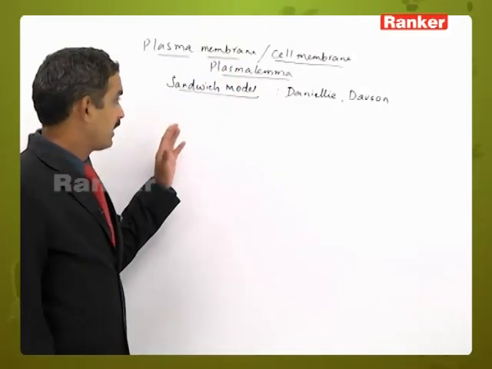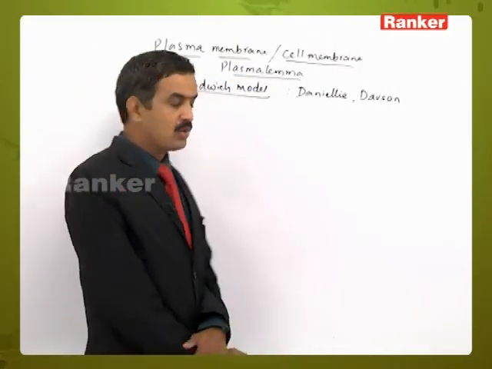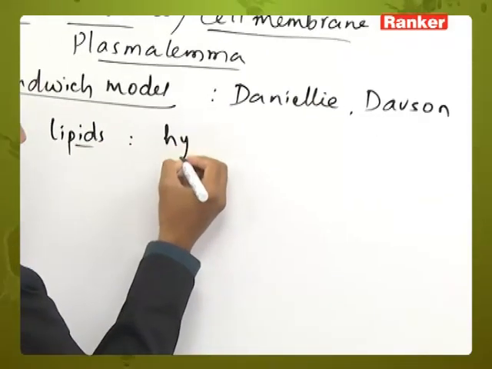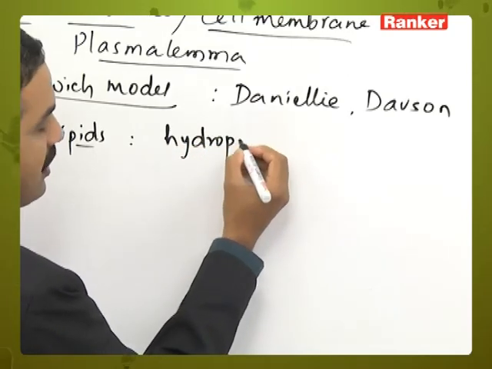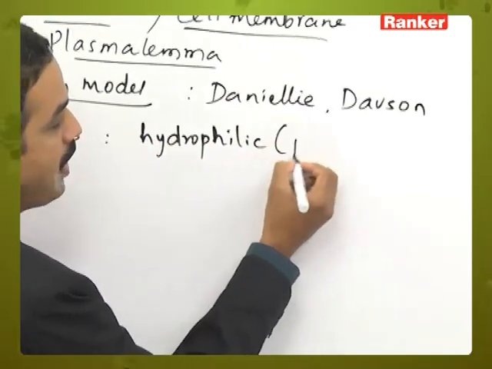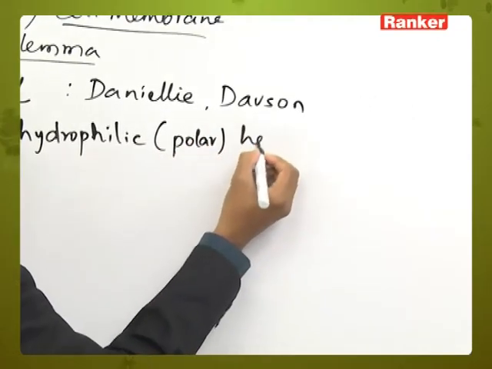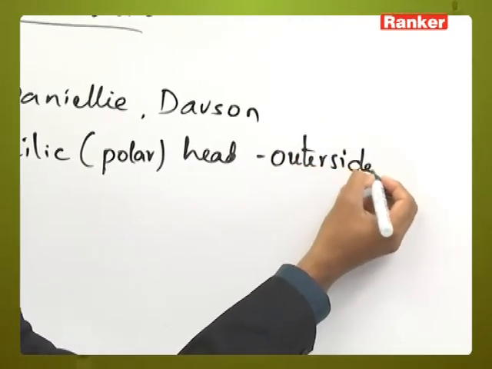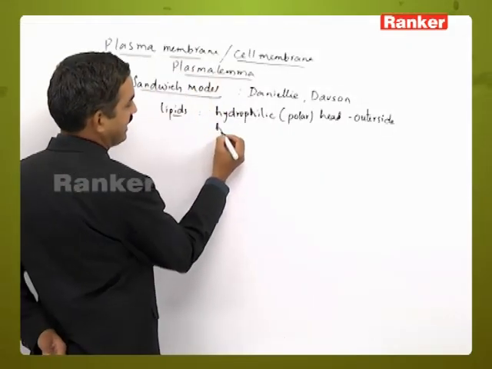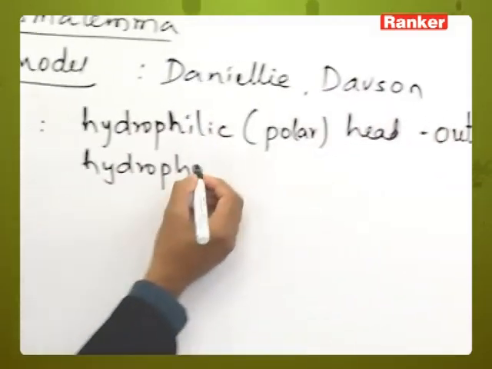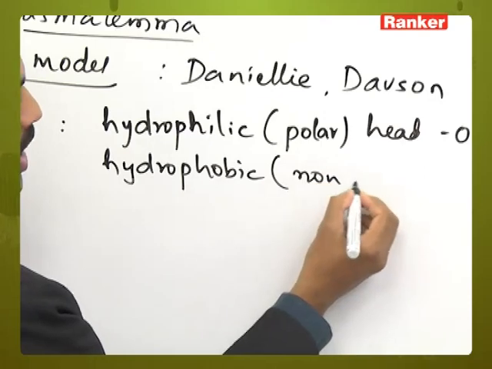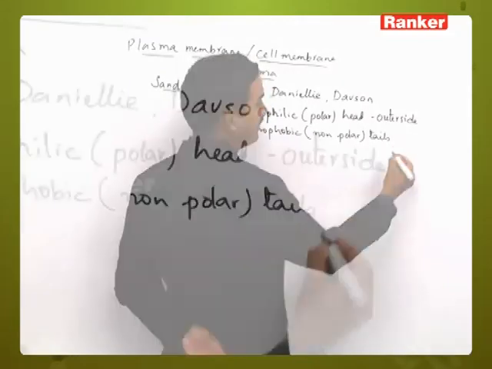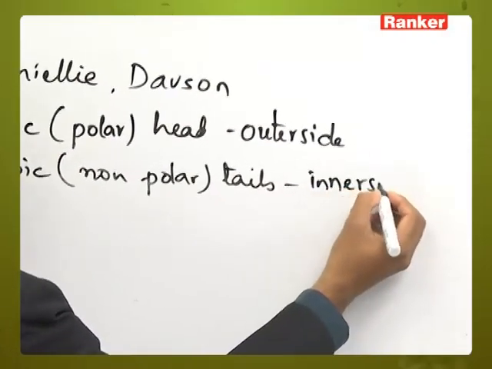Actually here the proteins and lipids are present, as we said. Lipids have one special feature: they have both hydrophilic and hydrophobic nature. They contain the hydrophilic or polar head, which is present towards the outer side, whereas they contain hydrophobic or non-polar tails, which are fatty structures present towards the inner side.